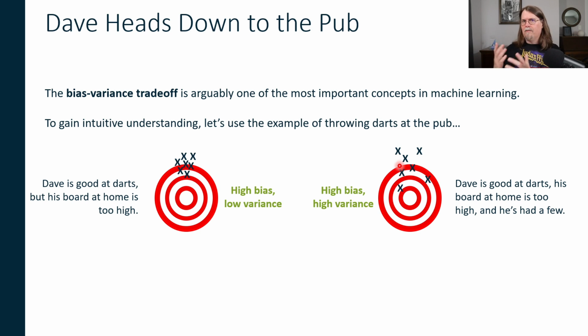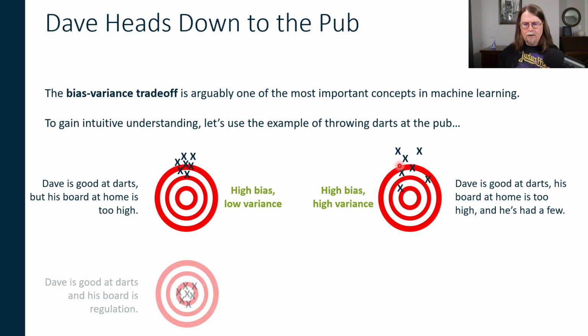But moving on, there's a couple of other general situations with our machine learning models and the bias variance trade-off that we need to understand. So next up, let's go back and reset the clock. Let's say that I've learned my lesson and I'm like, okay, I'm not going to compete in the pub leagues anymore until I go back home, fix my dartboard, and practice against my fixed dartboard and get good again.